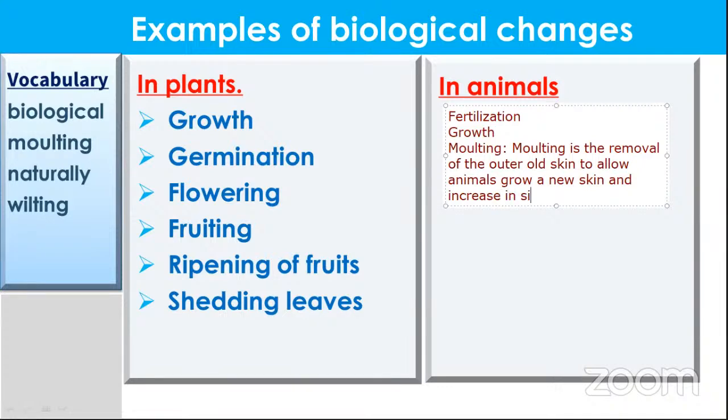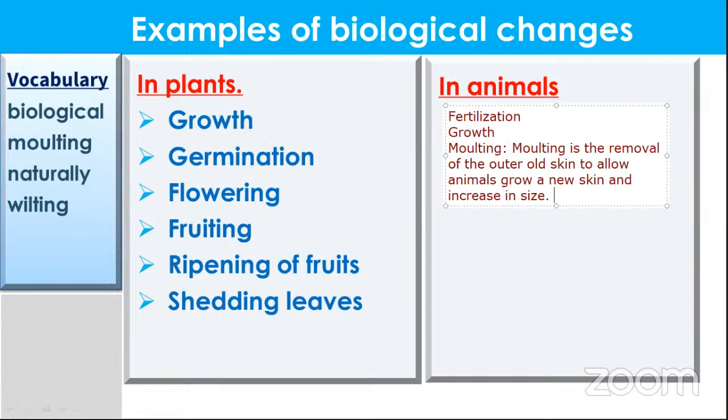Yes, Sirat, can you read that? Molting is the removal of the outer old skin to allow animals grow a new skin and increase in size.